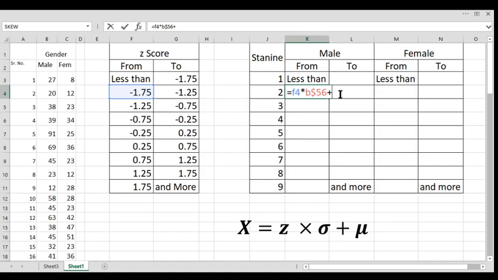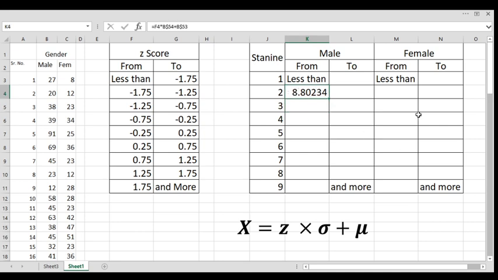The standard deviation is found in B54, not in B56. We make the correction, B54, and mu is found in B53. As this mean is to be used to find the X starting point for each stanine, we will freeze the address of this mu also. For that we will write B$53. Mu is found in B53. Then we press the enter key.